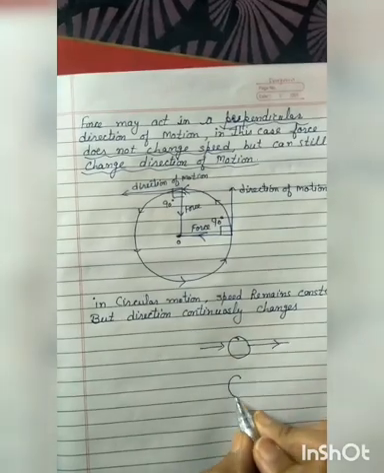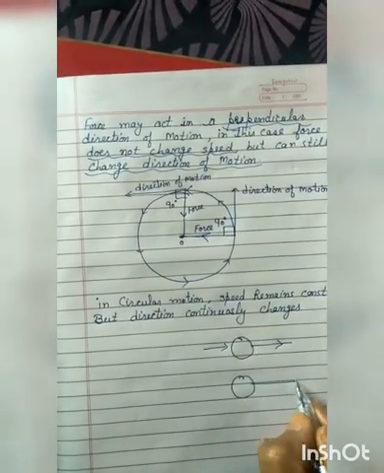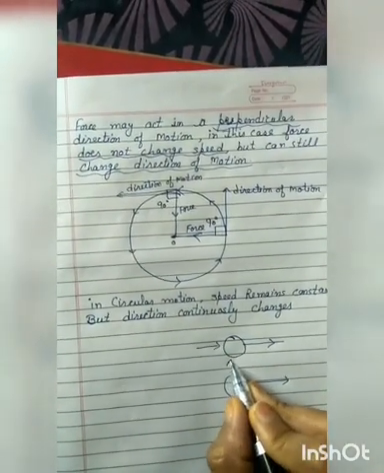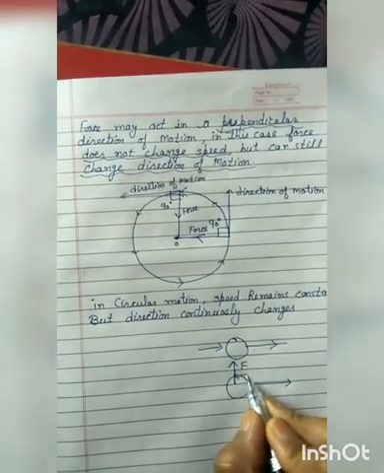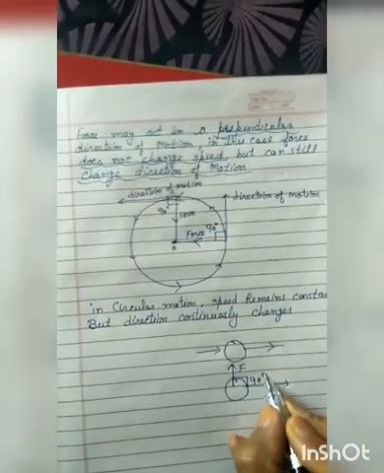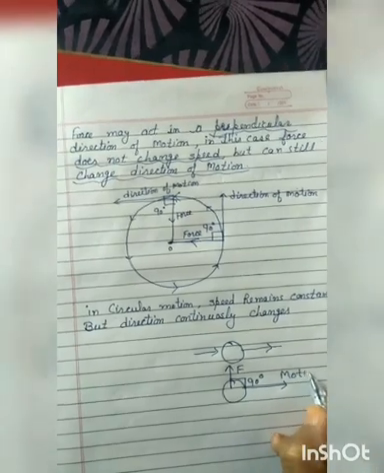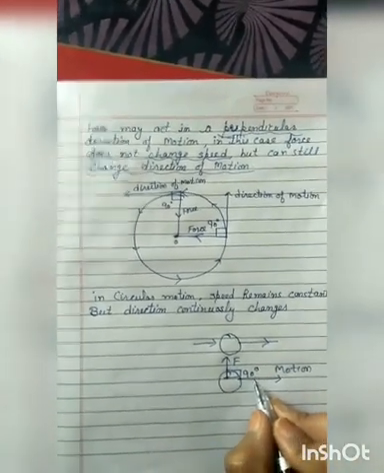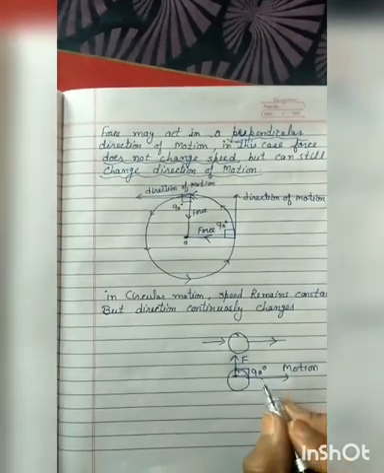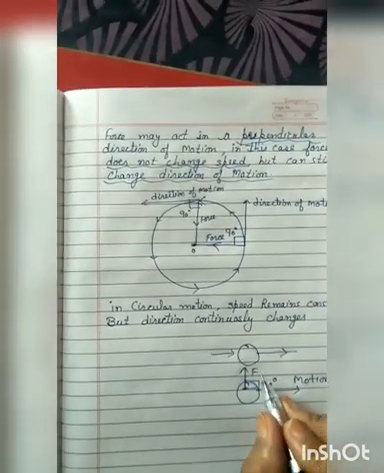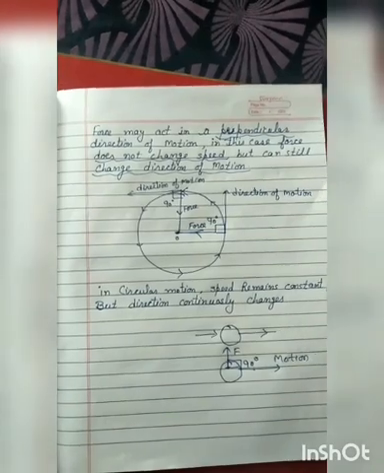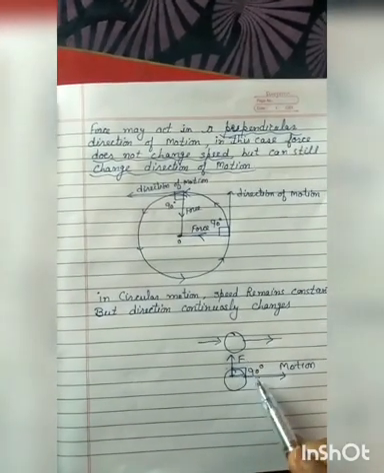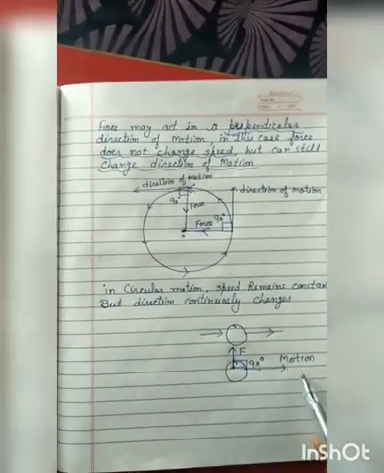That is, the object is moving in this direction, but the force is acting in this direction. Now what is the angle between these two? It is 90 degrees. So force may act on an object in the perpendicular direction. Perpendicular means the force makes an angle of 90 degrees with the direction of motion.